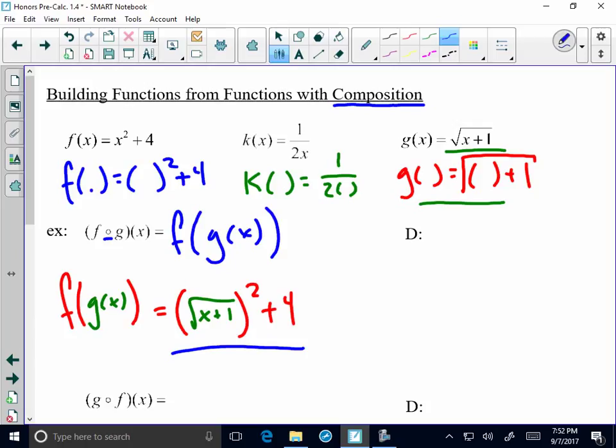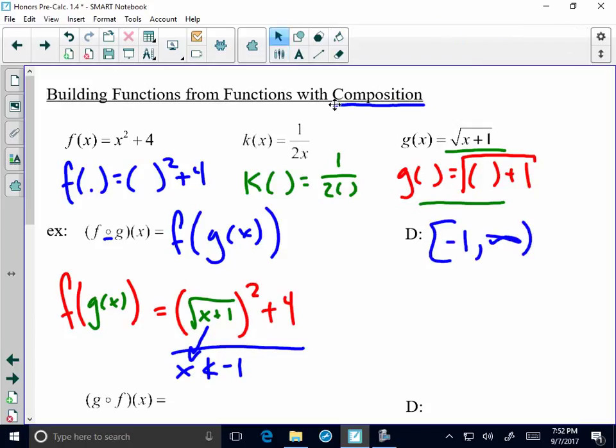So right here, we can say that immediately we cannot have x be less than -1, right? And we're not seeing any additional restrictions come from the operations of f onto g. So right here, we can say our domain is going to be from and including -1 and positive infinity.